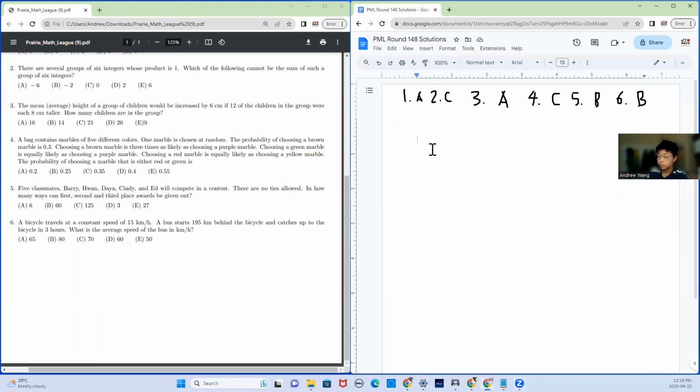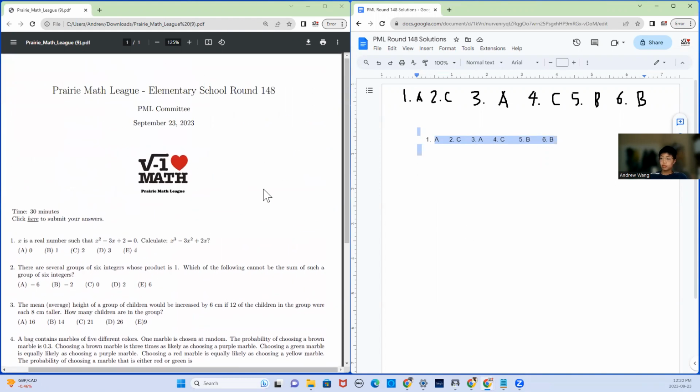So 1 is A, the answer to question 2 is C, 3 is A, 4 is C, 5 is B, and 6 is B. If you got all these answers, then you got all the questions correct.